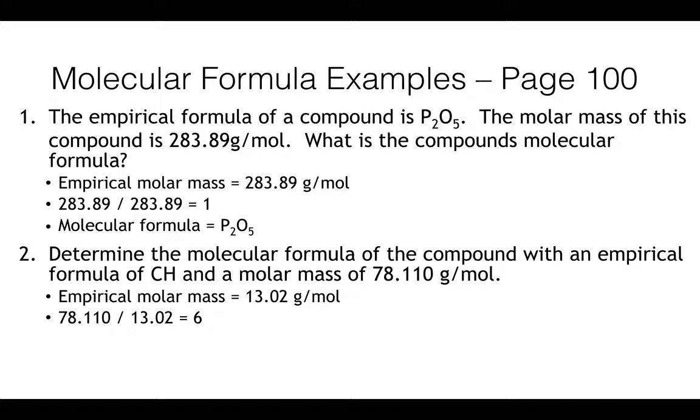So we're going to take that 6 and we're going to multiply it throughout the compound, and it's going to give us C6H6. So in this case, the empirical formula would be CH, and the molecular formula would be C6H6. But we can reduce, again, C6H6 down to CH to get its empirical formula. And we'll practice more in class.